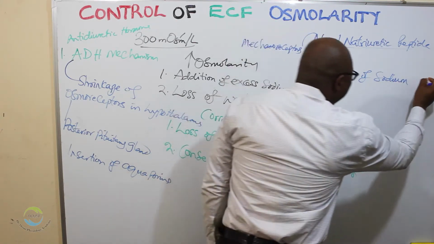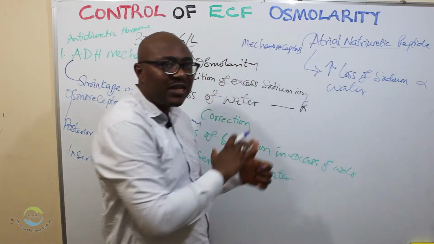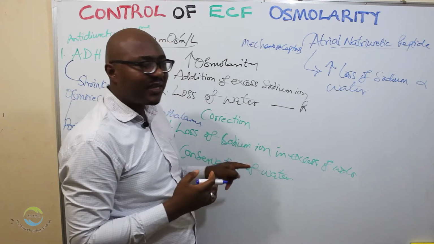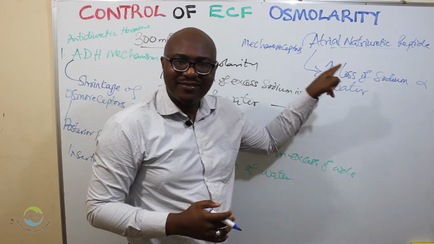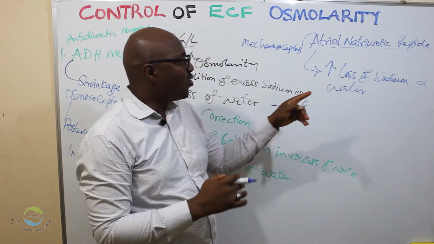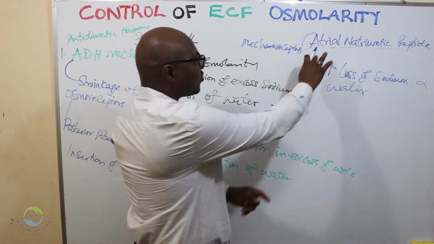sodium and water. Remember, we said that water alone can be easily lost and water alone can be easily conserved, but sodium alone cannot be lost and sodium alone cannot be conserved. It must go with water. So that's what this does.